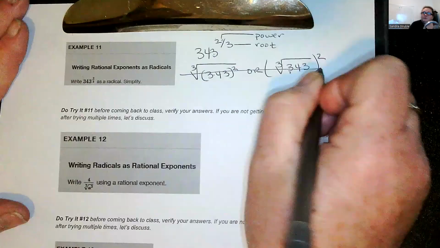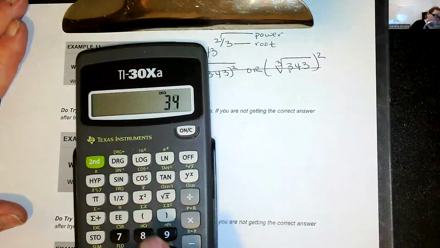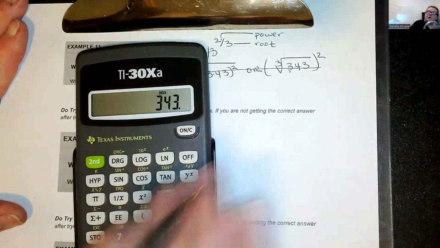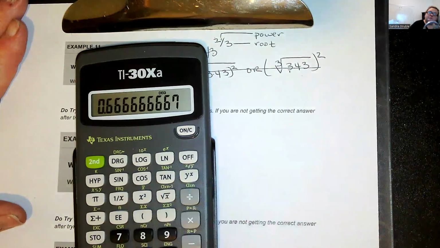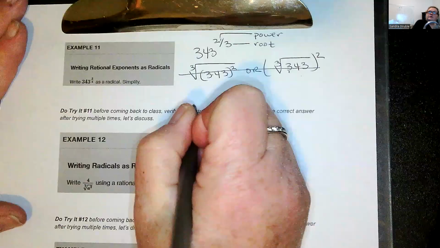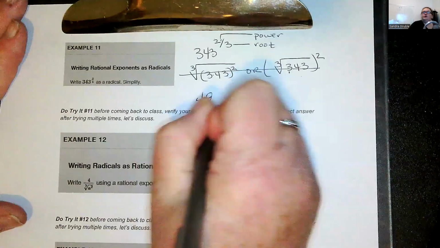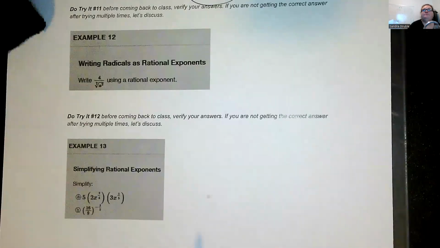What you need to do in your calculator is 343, raise it to the power, open parenthesis, 2/3, close parenthesis, and equals. And the answer is 49. That's all you have to do. Okay. Utilize your calculator given the opportunity.